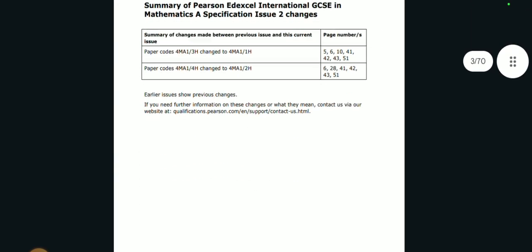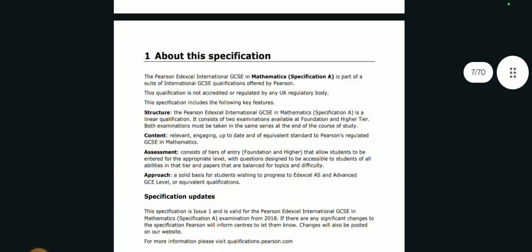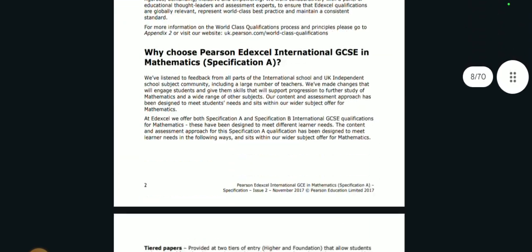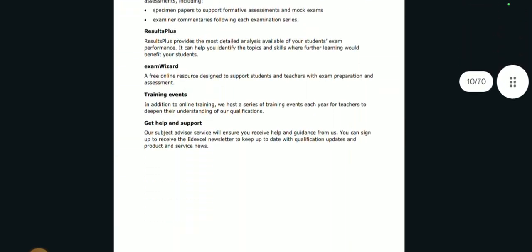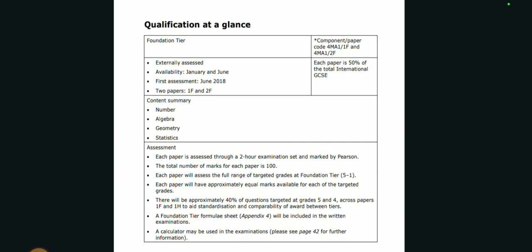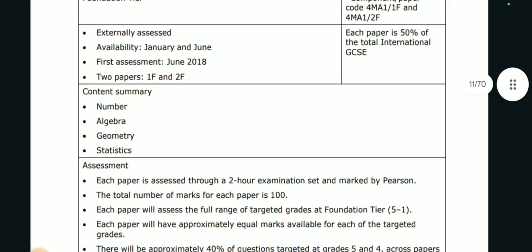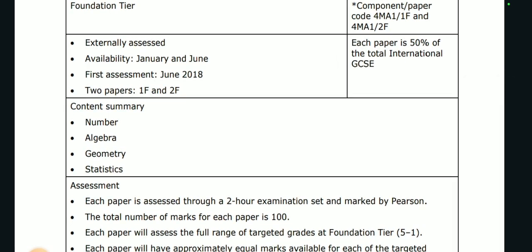I will quickly move on to the relevant parts. You can read this whole document on your own to get to know about Pearson Edexcel. The content summary is this. You have these four main topics: numbers, algebra, geometry, and statistics.